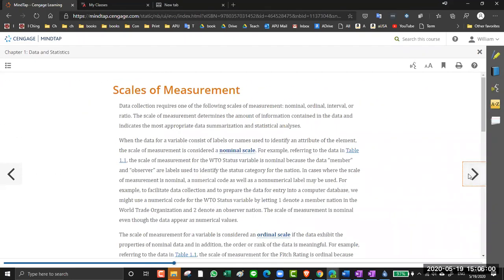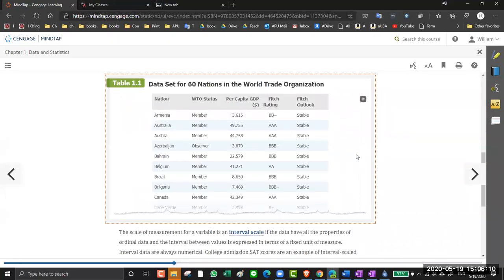Okay, once we know about measurements, we can distinguish between different types of measurements. So again, here's this table. How many variables are there here? Four variables. I might call this a variable also, but the book doesn't.